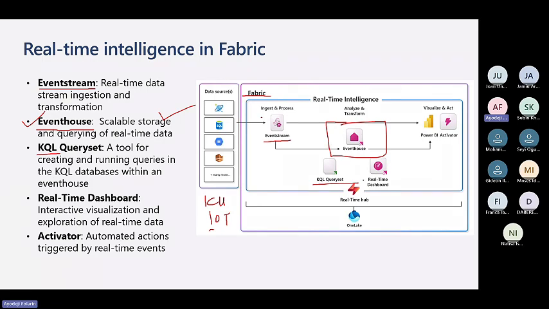And there is what we call the real-time dashboard, showing me what is happening within my event house. If I don't want to use the real-time dashboard, I can connect Power BI to the event house to build my own reports, and connect an activator to it. Activator is like triggering something when something happens.